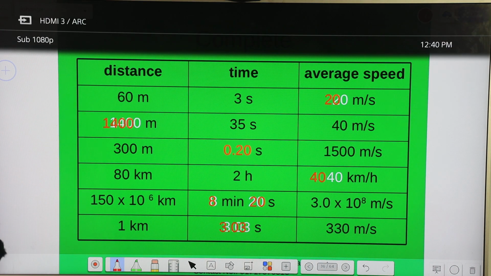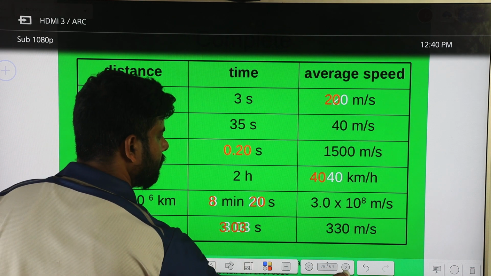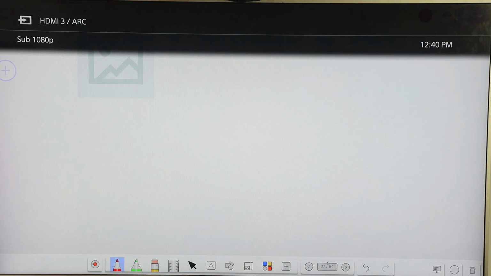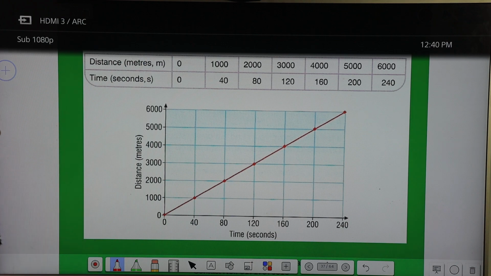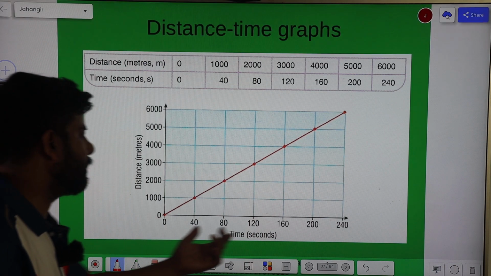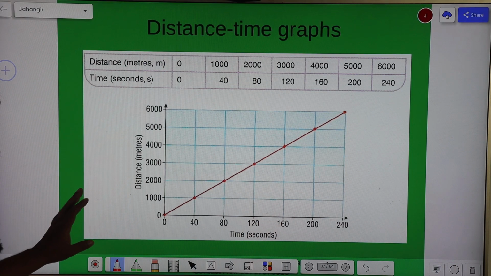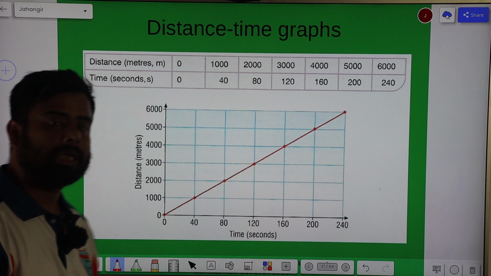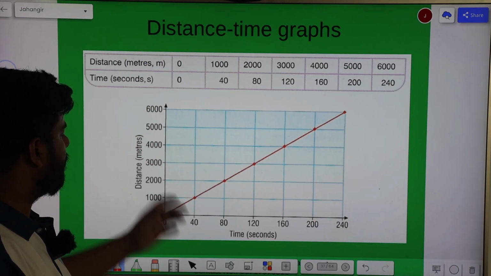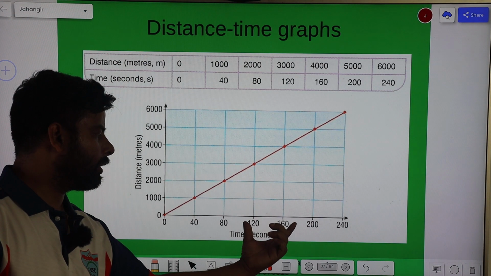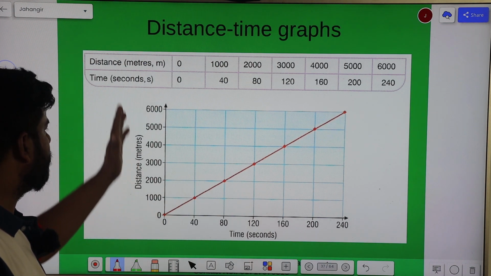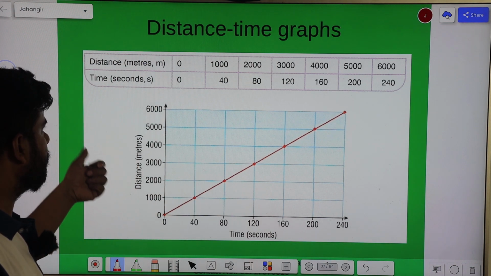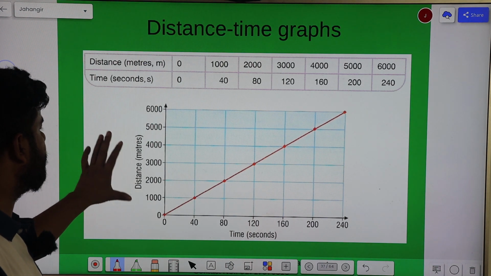Next one. It is a distance time graph, with distance on the y-axis and time on the x-axis. Remember, when we plot a graph, the independent variable should be placed on the x-axis, and the dependent variable on the y-axis.